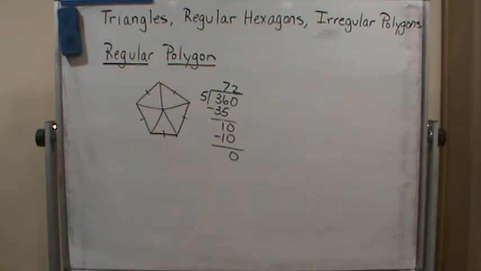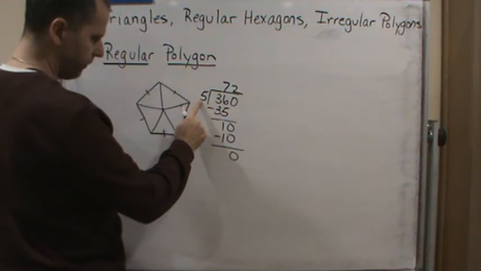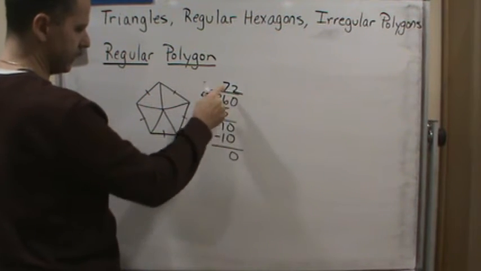Okay, sorry about that. So, if I divide 5 into 360, I get 72 degrees.